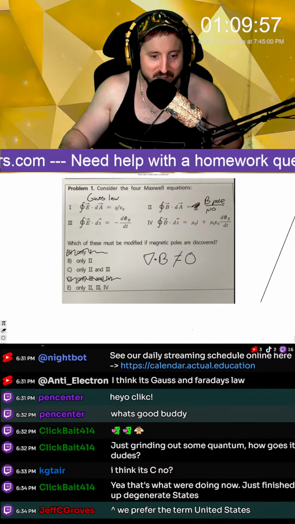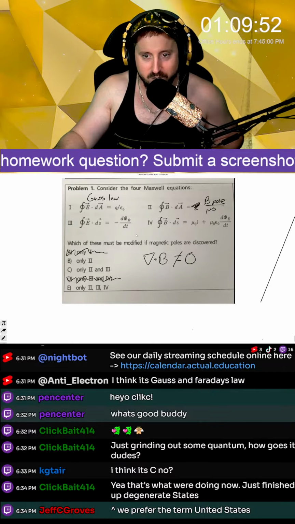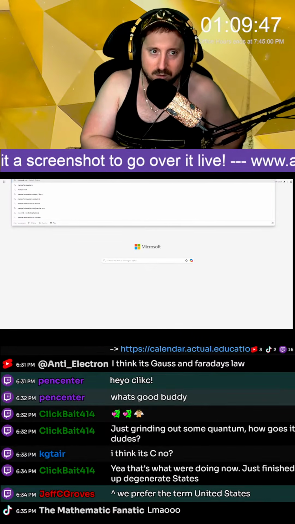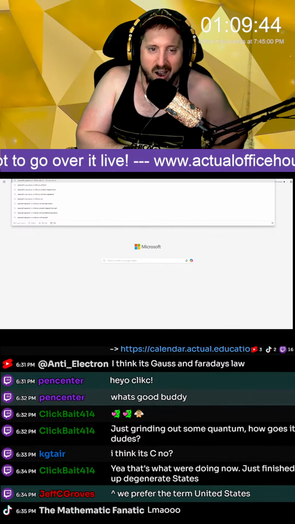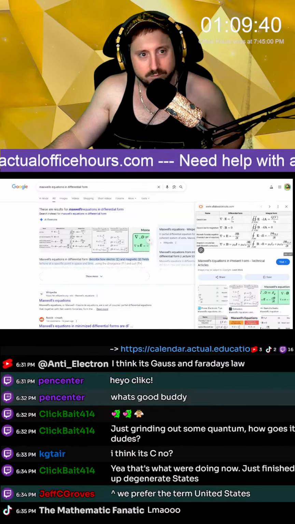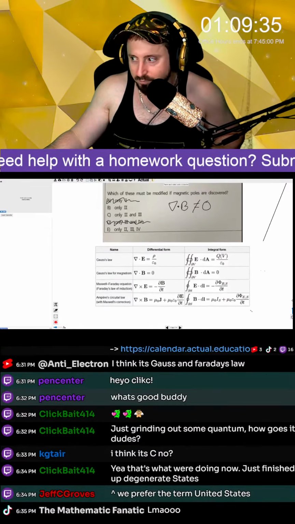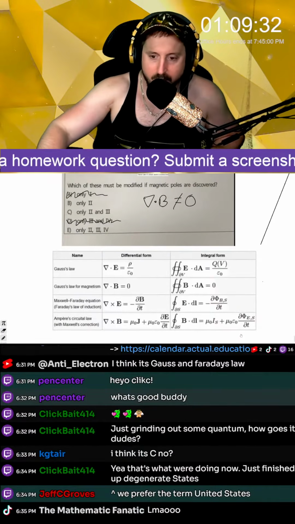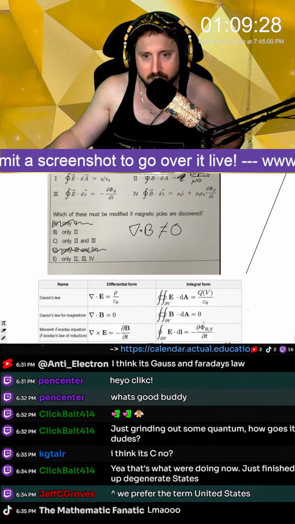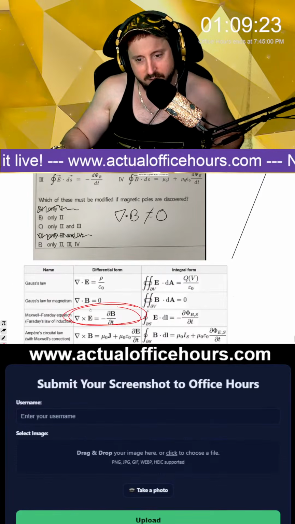So it's 2 and 3. I guess because you have to consider Maxwell's equations in differential form. So let's see what those are. Here we go. So E.ds, right? So this one comes from this.